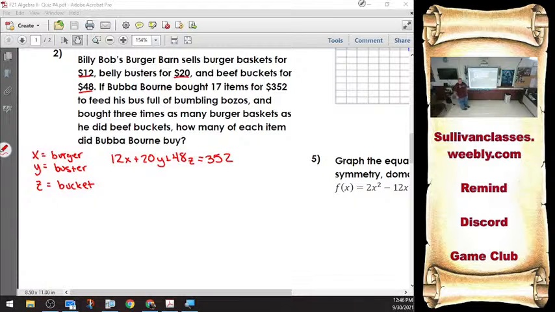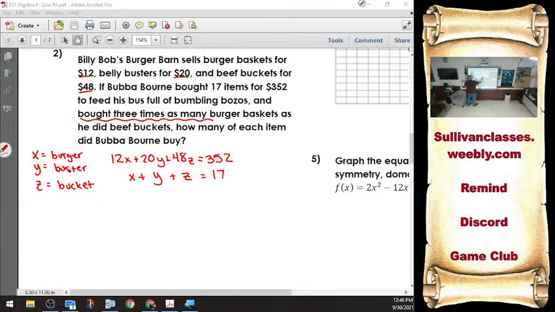What else? Because there's 17 total items, I know this many burger baskets plus this many belly busters plus this many beef buckets is 17 total items. There's not enough information to solve it right now, though, until we catch that line.